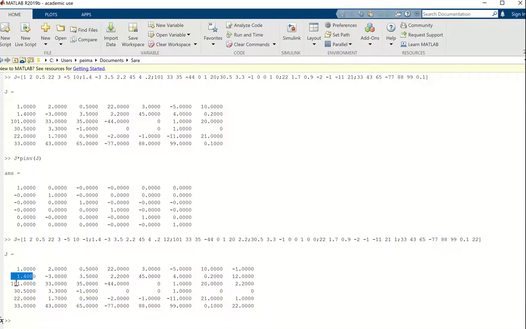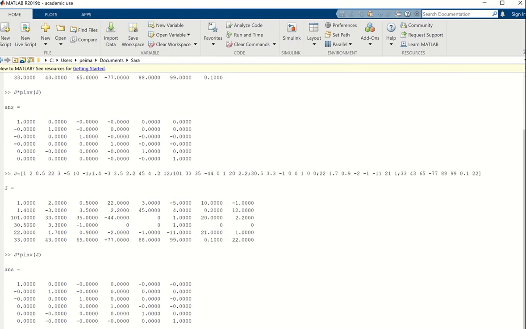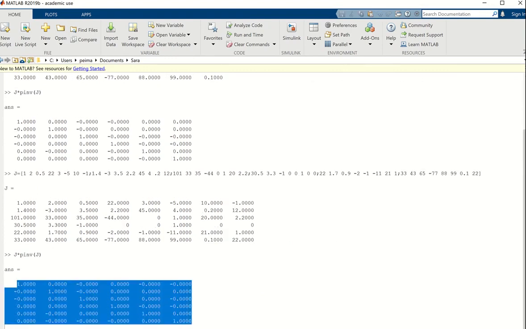Because it's 6 by 8: 1, 2, 3, 4, 5, 6, 7, 8. So you have to use the right pseudo inverse, because 8 is greater than 6. So you have J multiplied by P inv of J. The result is again the 6 by 6 identity matrix.